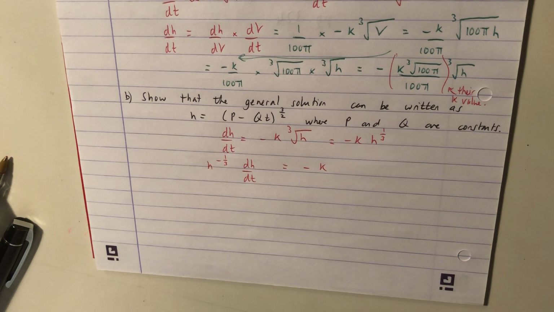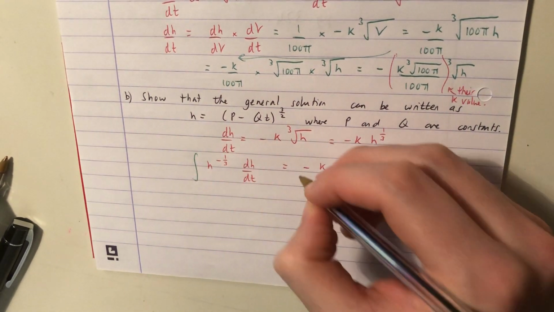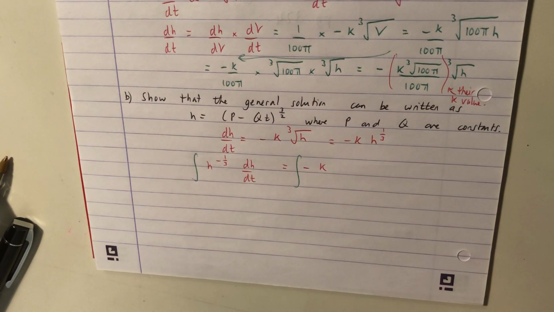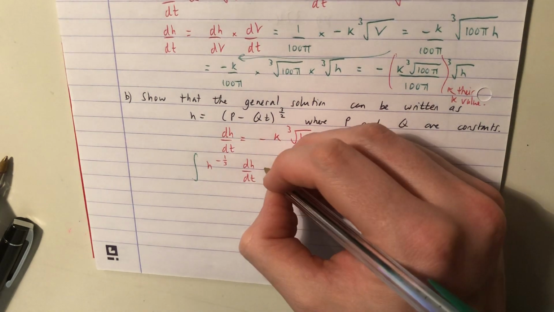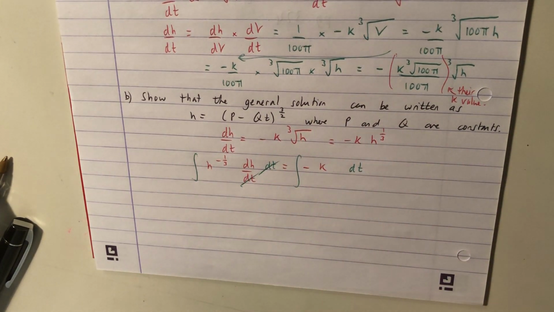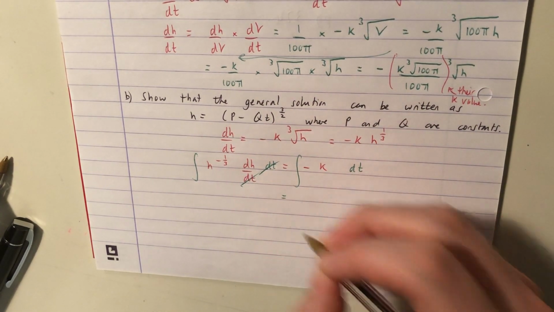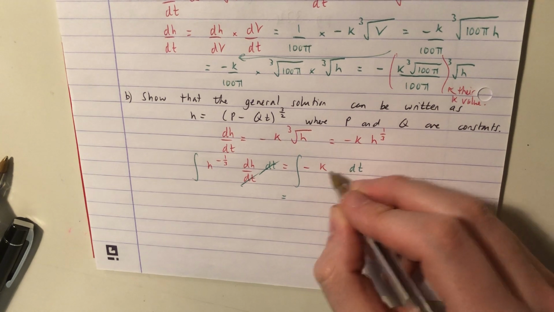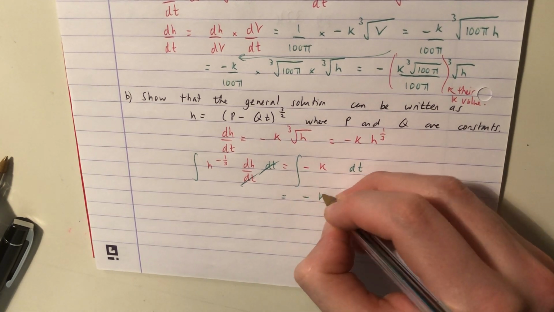And then you integrate both sides. In this case, what do you reckon with respect to? It's normally with respect to x, but this time it'd have to be with respect to t for those to cancel. Right, k is a constant, so when you integrate a constant, it goes to minus kt.